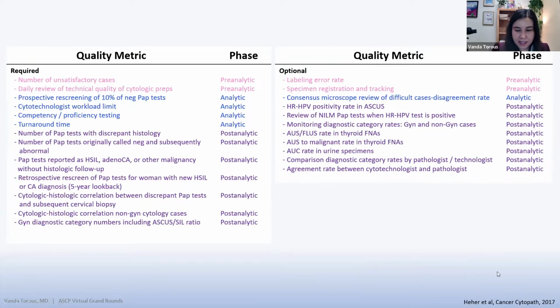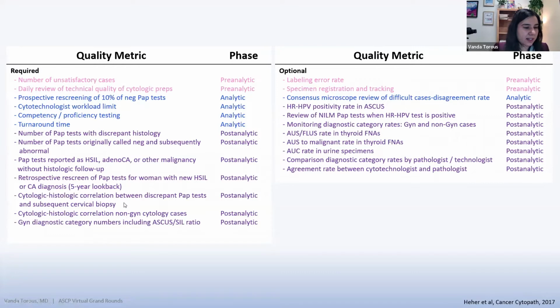Now, this is nice. I take this from a paper that had been published a few years ago. This outlines quality metrics, which are divided by the phase of testing, as well as those that are required, in addition to those that are optional. Now, required, we talked about some of these quality metrics, including the prospective rescreening of 10% of negative PAPs.